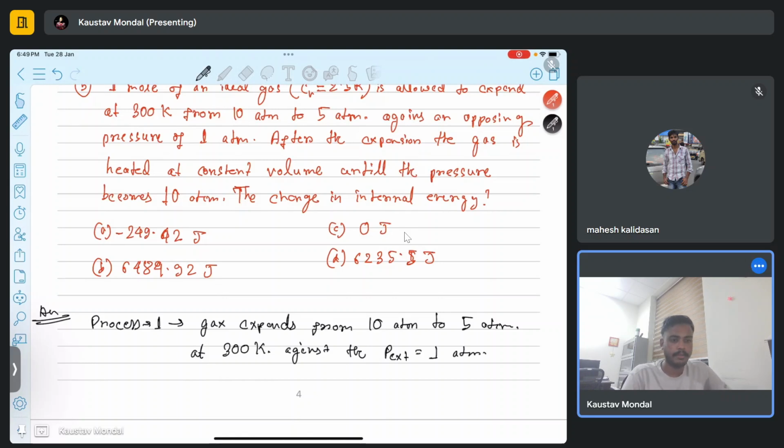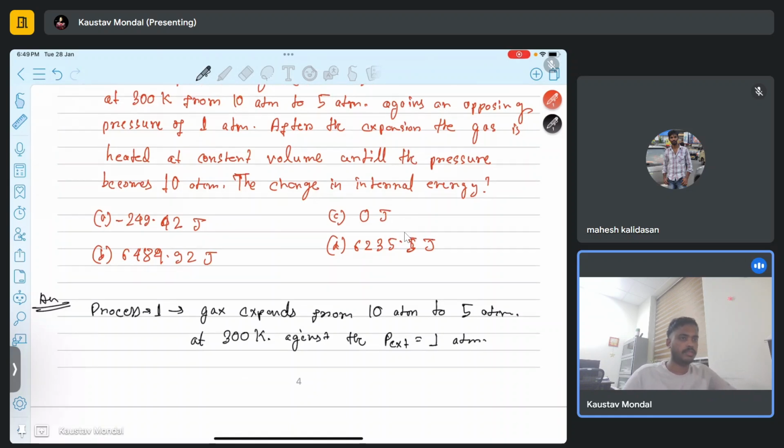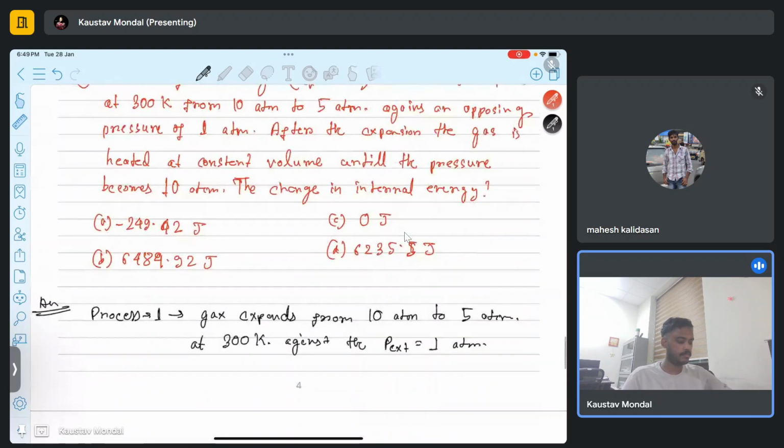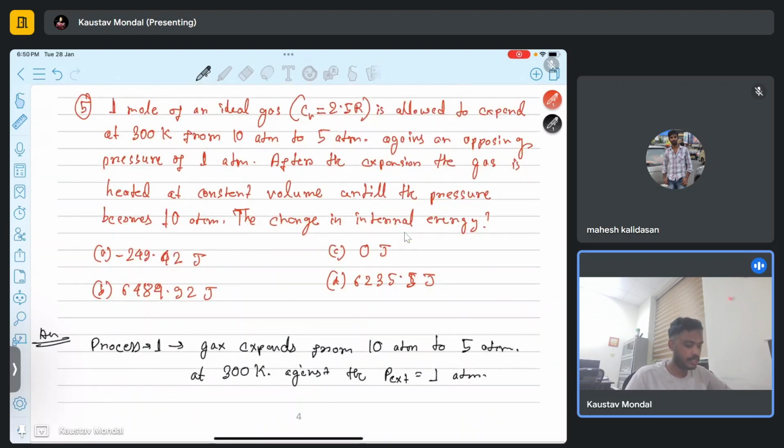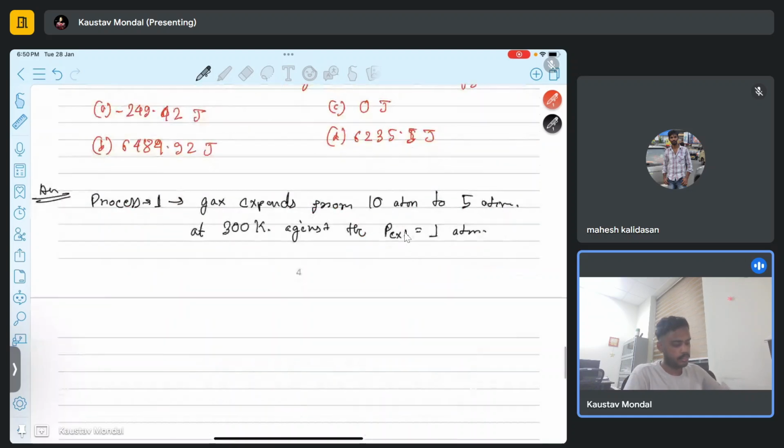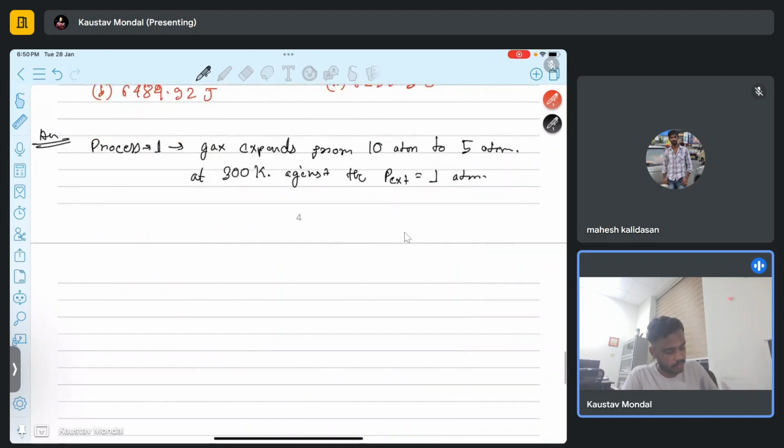So during the first process the gas expands from 10 atm to 5 atm, and how do you calculate that? So for this first process, there is no heat coming.